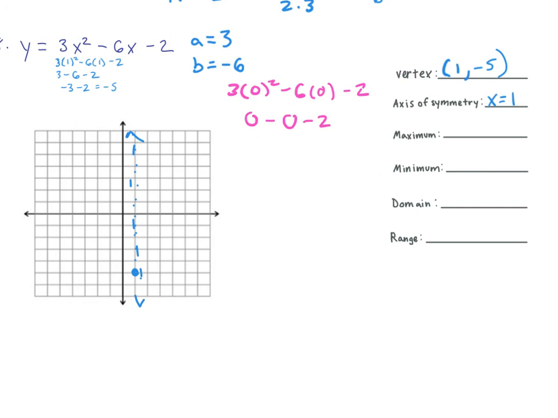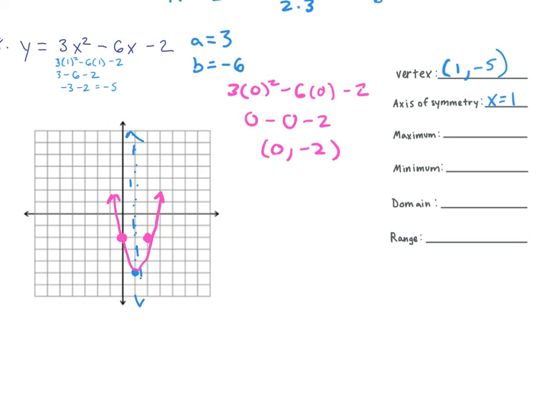So what's 0 minus 0 minus 2? Negative 2. So we plugged in 0 and got negative 2. So we go to our graph, stay on 0, go down 2. So there's our second point. Where's our third point? Same thing on the opposite side. So we have our 3 points, draw our parabola.